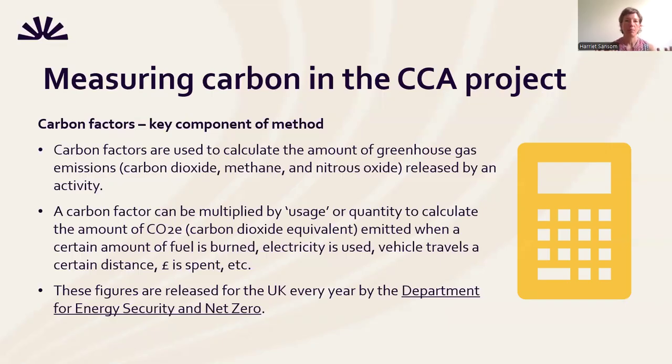And they update them every year, and they use their carbon factors to calculate their national footprint. It's the standard method for calculating carbon. So whilst there are lots of assumptions that will go into that, that's what we've used in our method.